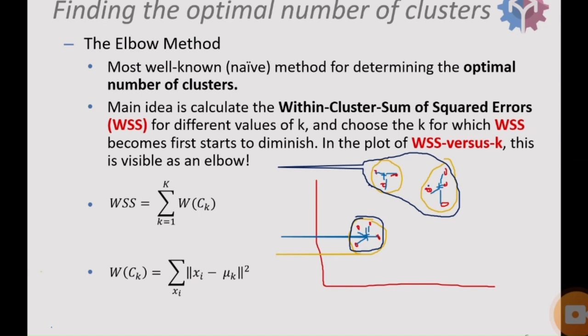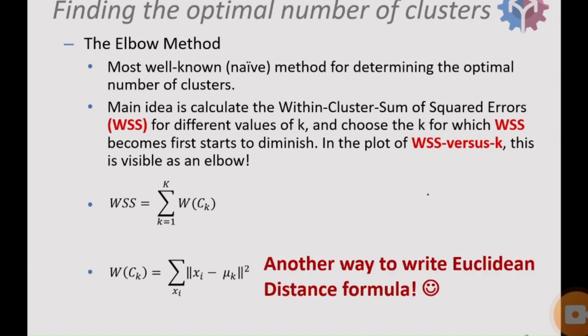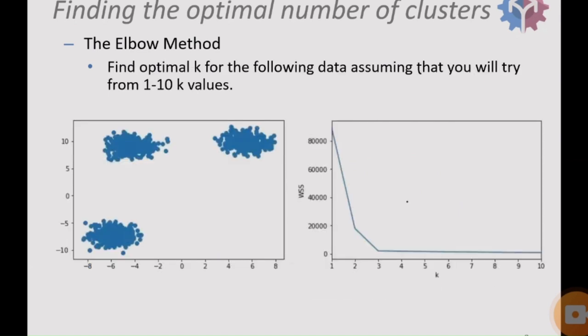So that the error becomes small, so that they become more similar. This is basically the same Euclidean distance formula, but this time you square them up, and then you see total error here plus error here plus error here. So you try with 1 cluster, you try with 2 clusters, you try with 3 clusters.